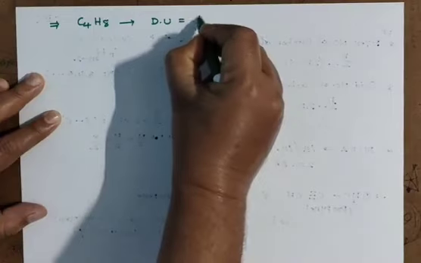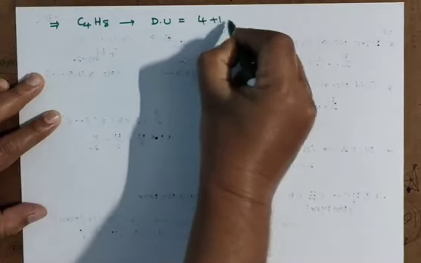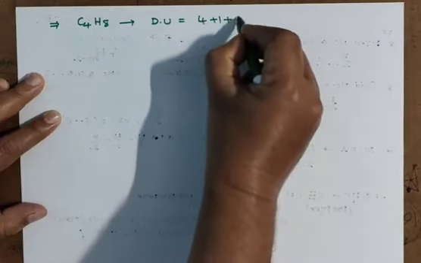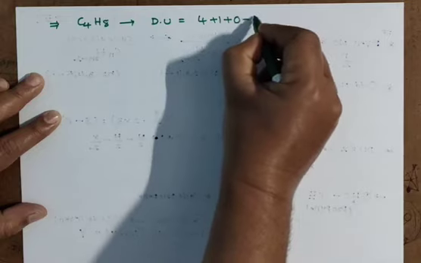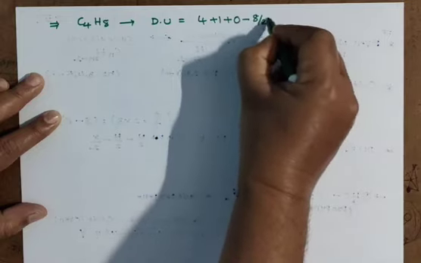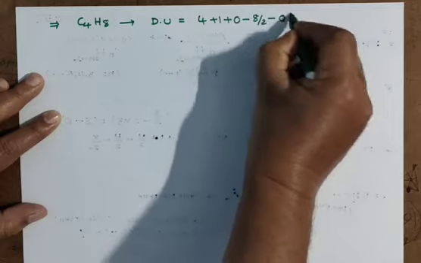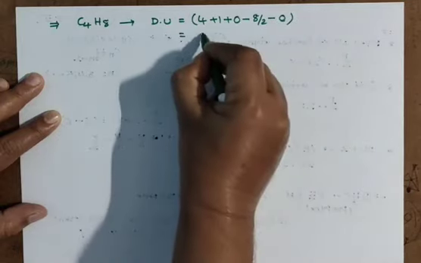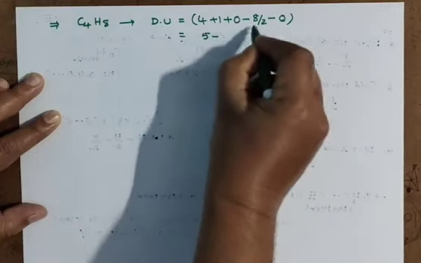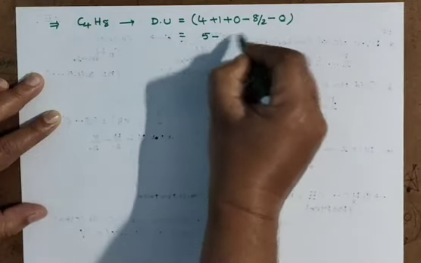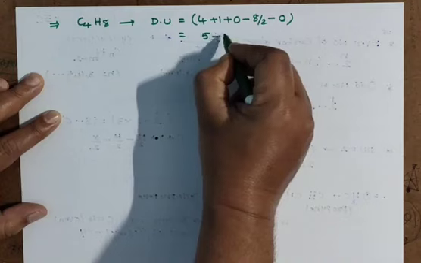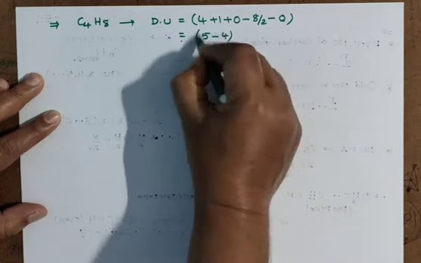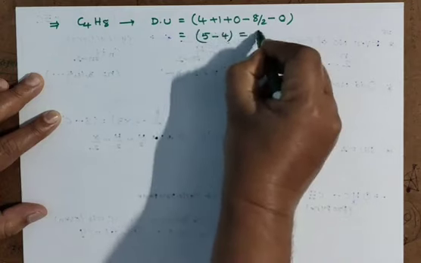Number of carbon atoms 4 plus 1 plus n by 2, 0, minus h by 2, 8 by 2, minus x by 2, x not there, 0. So this is, now I am getting 5 minus 8 by 2. 8 by 2 nothing but 4. 4 you are getting. That equal to 1.